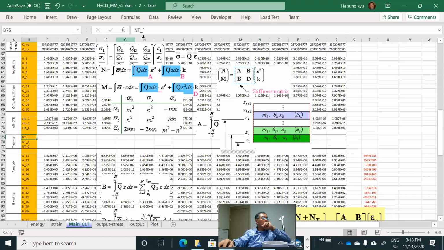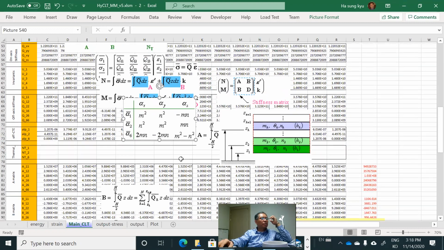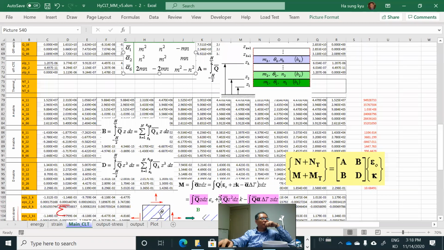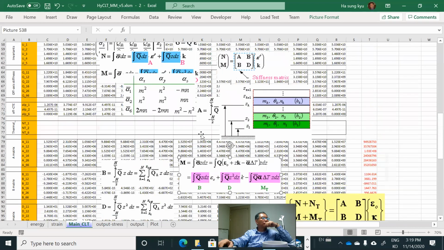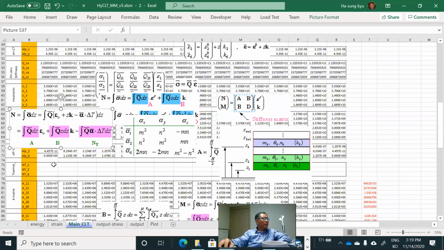Oops. So thermal 1, now where are the equations? Okay, here.